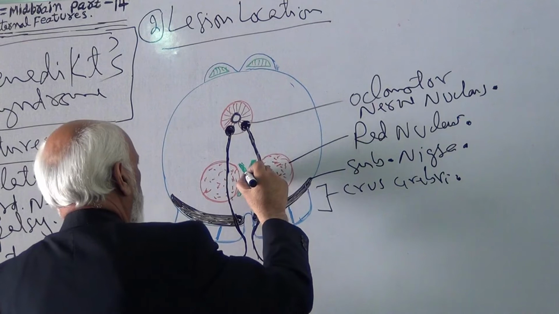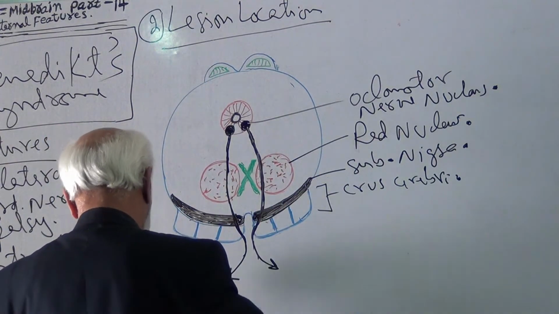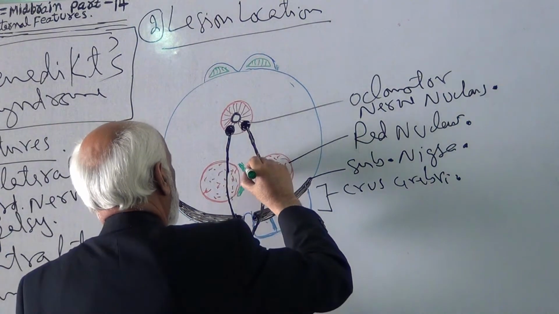Here in the center, this is ventral tegmental decussation.